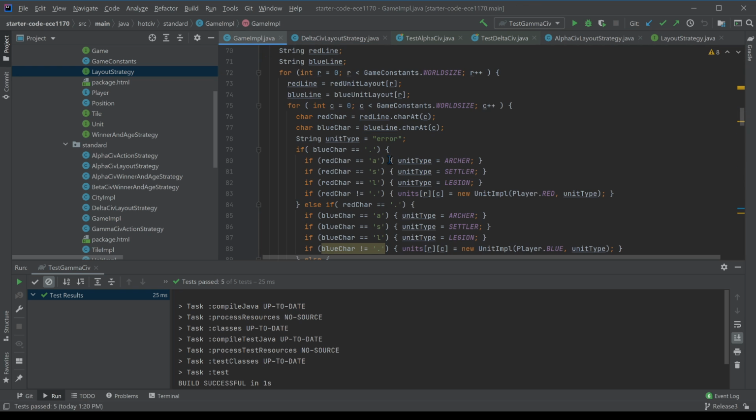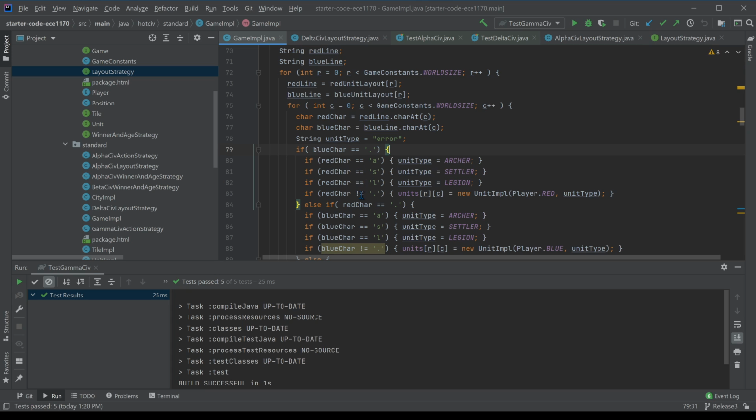So I needed to test for a blue character that was a period, which was my placeholder for no unit at a position. And if there was a blue dot or a period in the string, it means that a red unit is able to be placed there. So then I tested if there was a red character at one of those spaces. And if there is, then I specified what type of unit should be placed there.